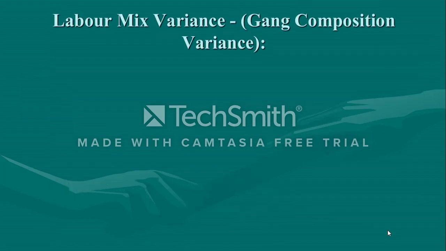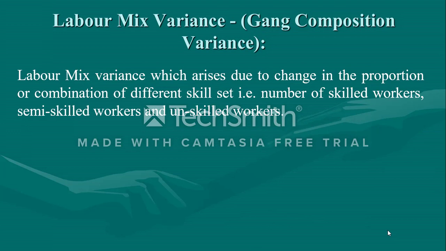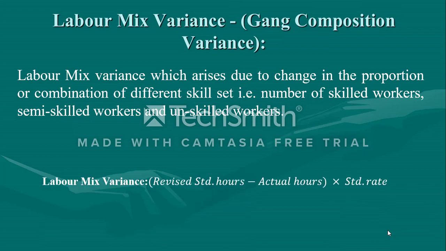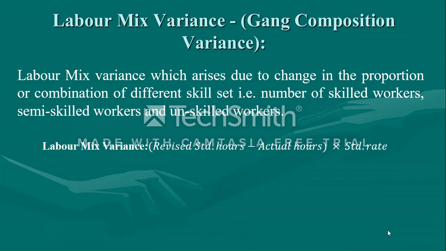Next, labor mix variance. Labor mix variance arises due to a change in the proportion or the combination of labor, like skilled workers, semi-skilled workers and unskilled workers. The formula for calculation of labor mix variance is revised standard hours minus actual hours into standard rate.